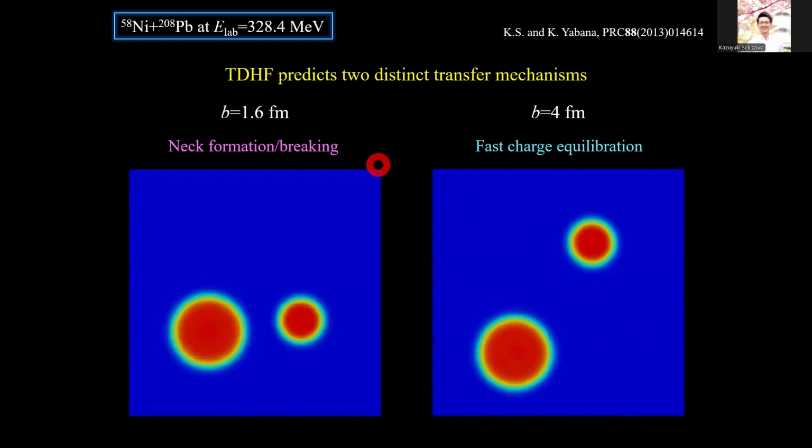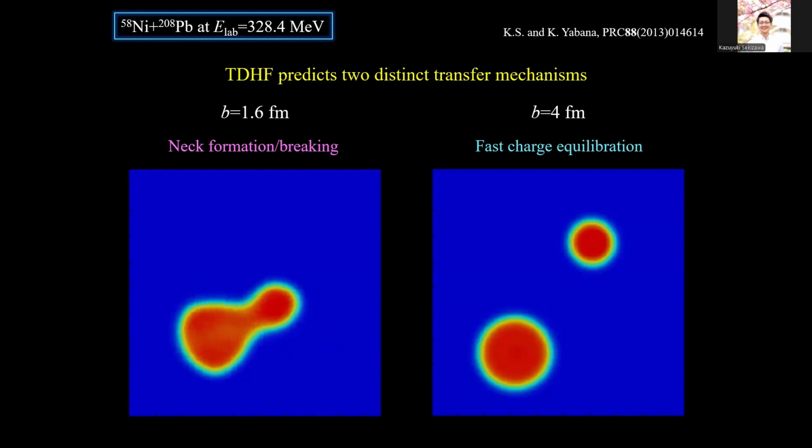Okay, so this is the case with smaller impact parameter, so closer to the head-on collision. In this case, two nuclei collide more deeply, forming a dinuclear system. During this stage, many nucleons are transferred actively between the two colliding nuclei.